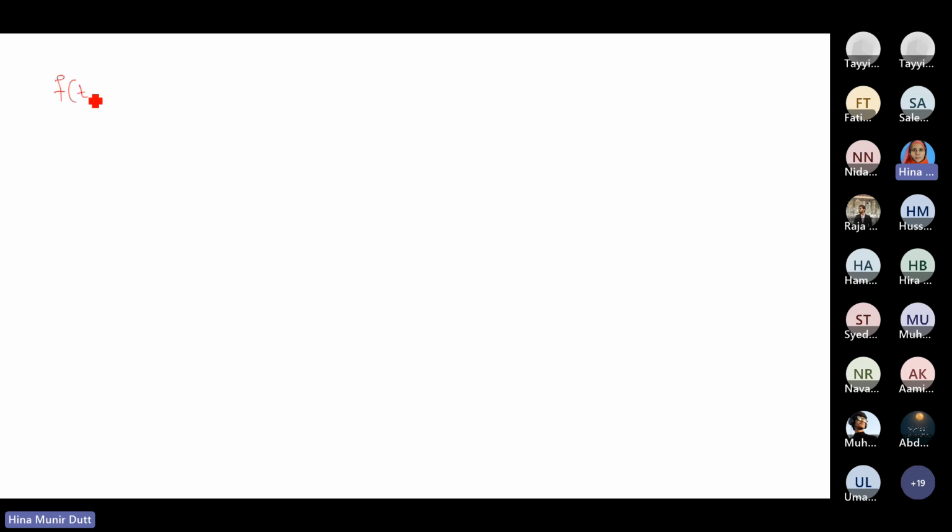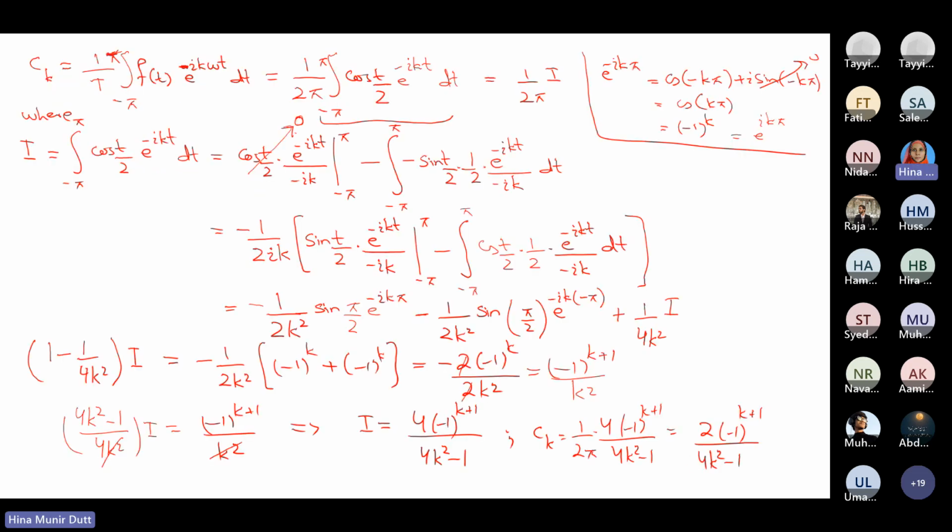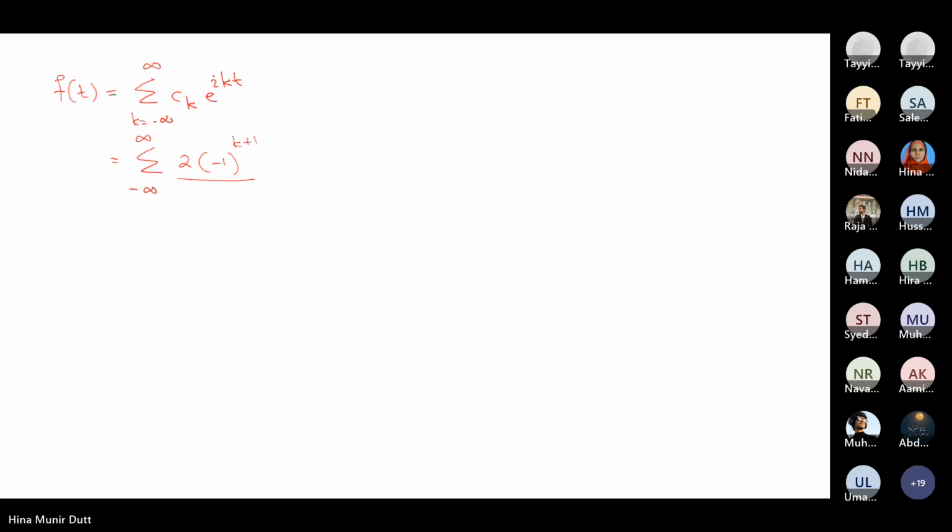Fourier series of f of t is equal to summation ck e to the power iota k t, k is from minus infinity to infinity. ck is 2 times minus 1 to the power this, and pi also comes along with this. This is 4k square minus 1 pi e to the power iota k t. So this is my Fourier series.